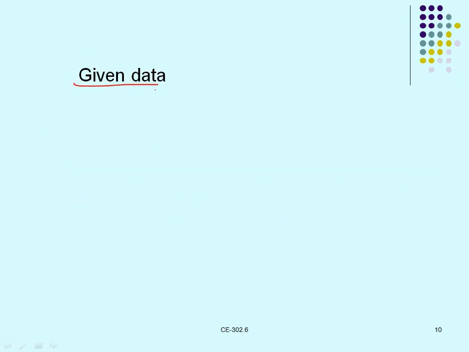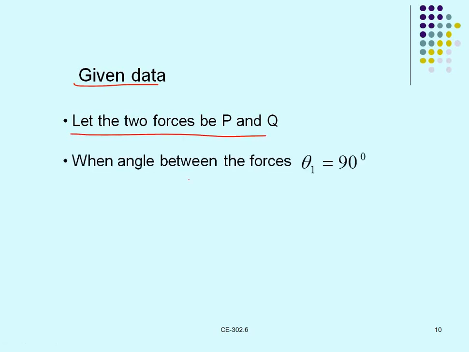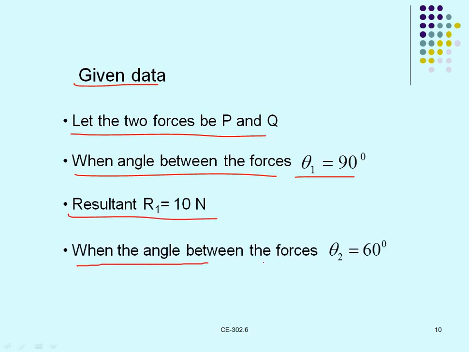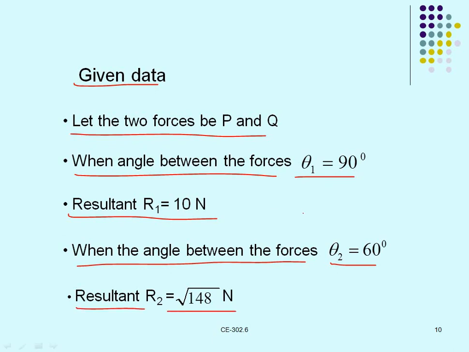So given data: let the two forces be P and Q. When the angle between the forces theta 1 is equal to 90 degrees, the resultant R1 is equal to 10 newtons. When the angle between the forces theta 2 is equal to 60 degrees, the resultant R2 is equal to root of 148 newtons.